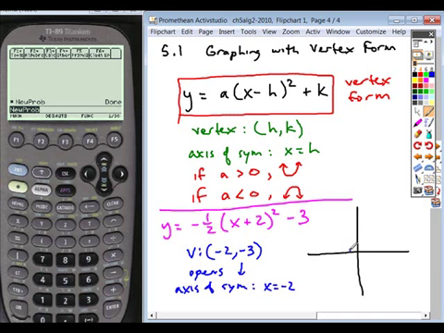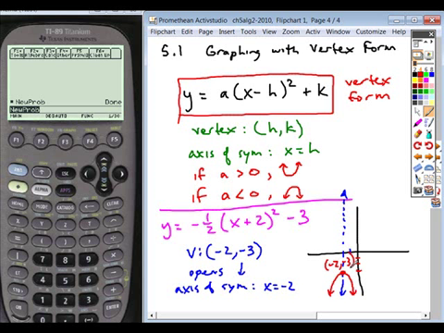So if you sketch your -2, here's your axis of symmetry. We can also plot our vertex, (-2, -3). And if we label this point above, just like we did with the others, here's your quick sketch of this graph.